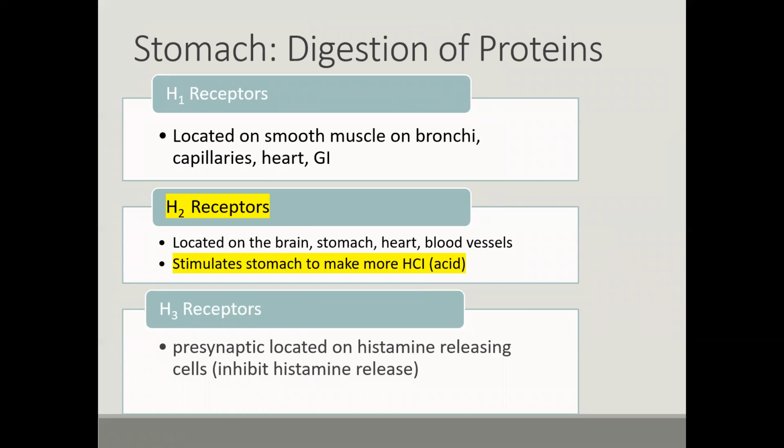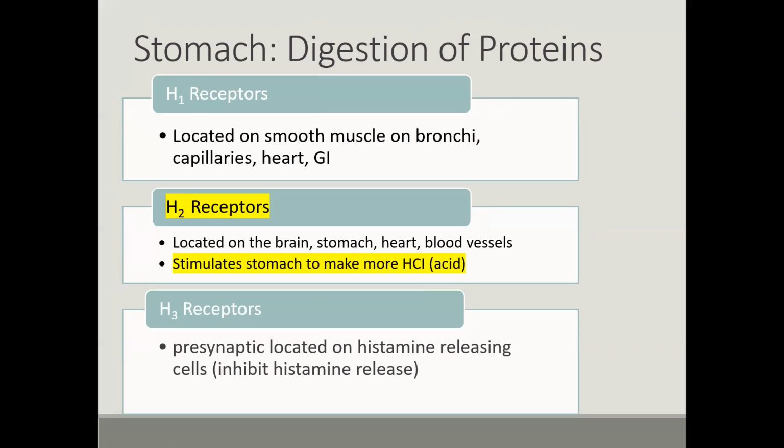Okay, so the stomach, for digestion of protein. We have our histamine receptors in the body. We talked about the histamine 1 receptors last week, having a lot to do with dilation or allergies and bronchodilation and contraction. So we know that histamine 1 has a lot to do with our respiratory system, right?